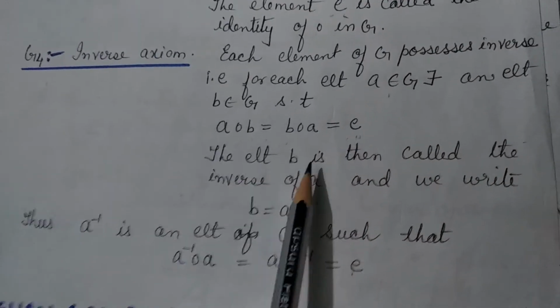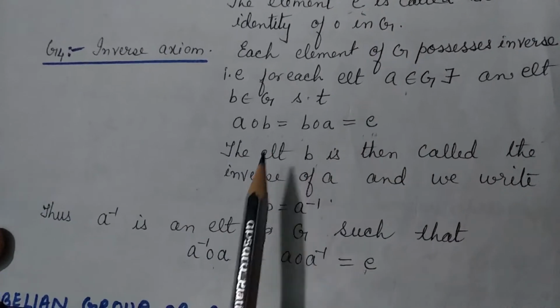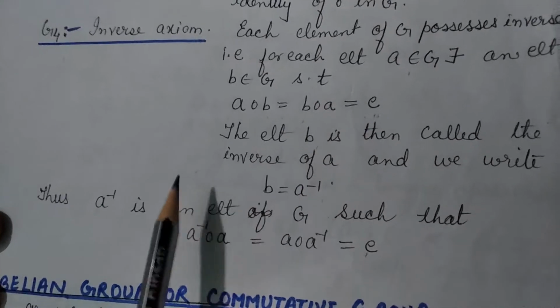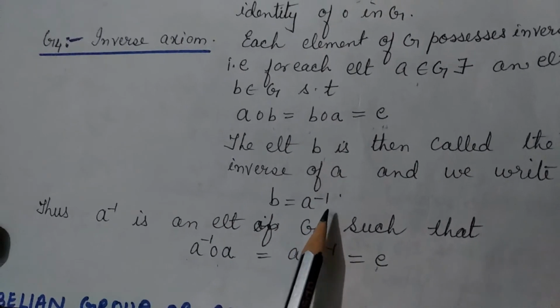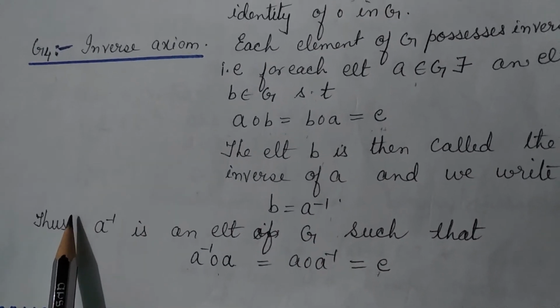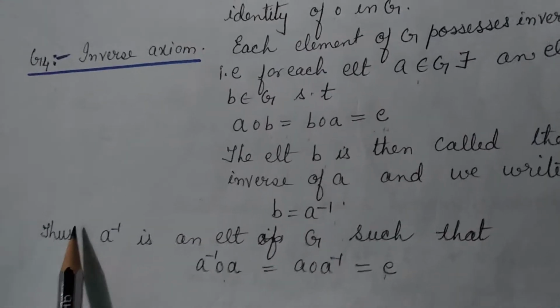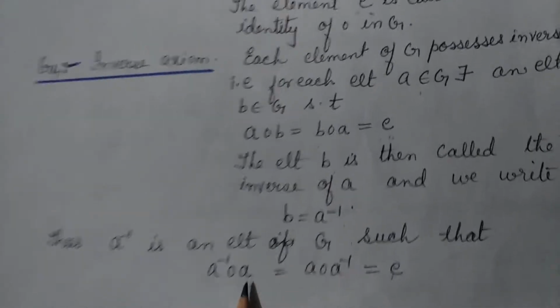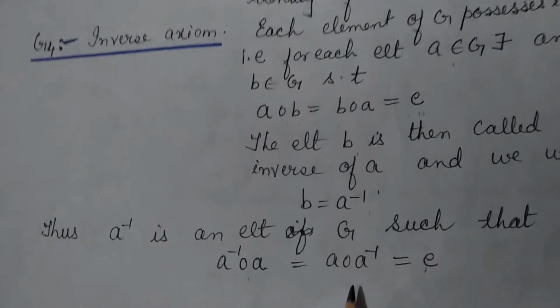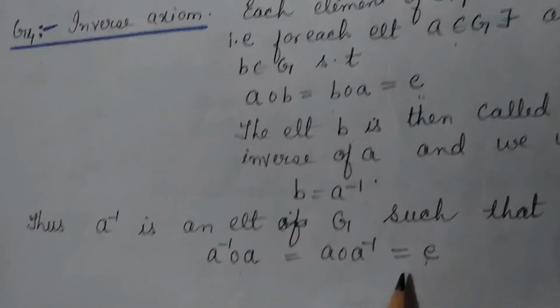So the element b is then called the inverse of a and we write b to be a inverse. Thus, a inverse is an element of G such that a inverse o a is equal to a o a inverse is equal to e.